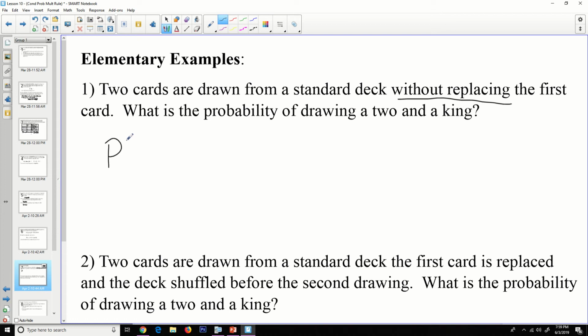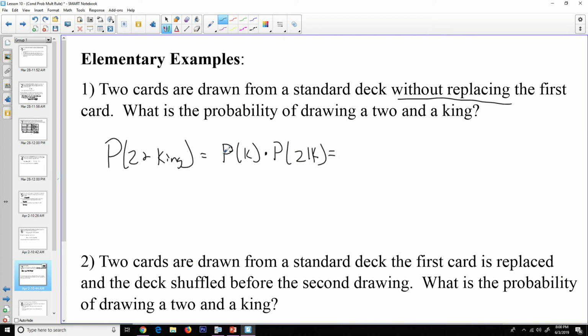And so the probability of drawing a 2 and a king would be the probability of a king and then the probability of a 2 given that we have a king.